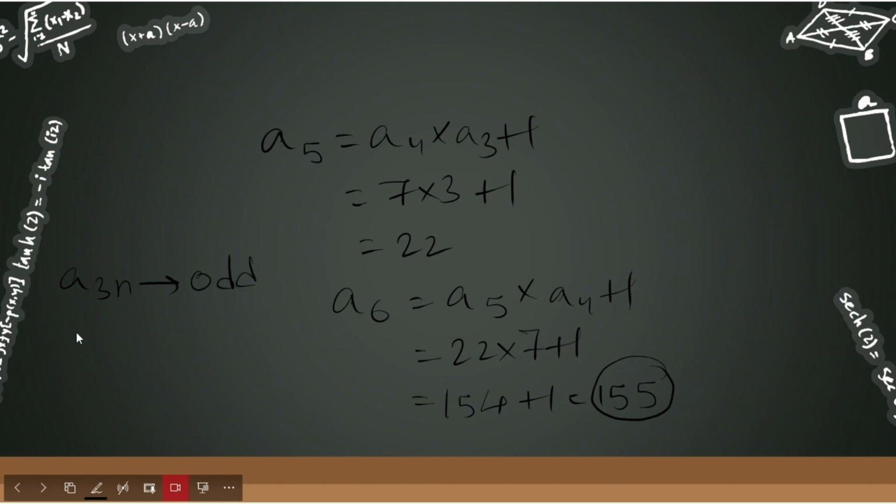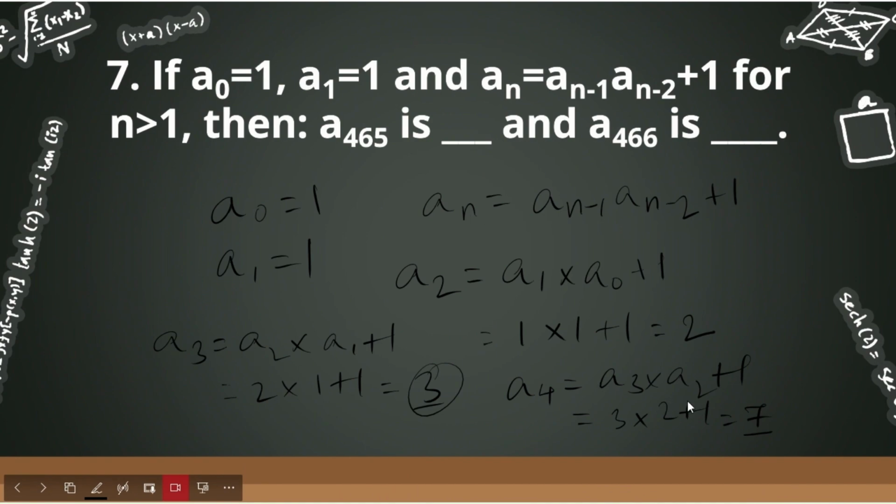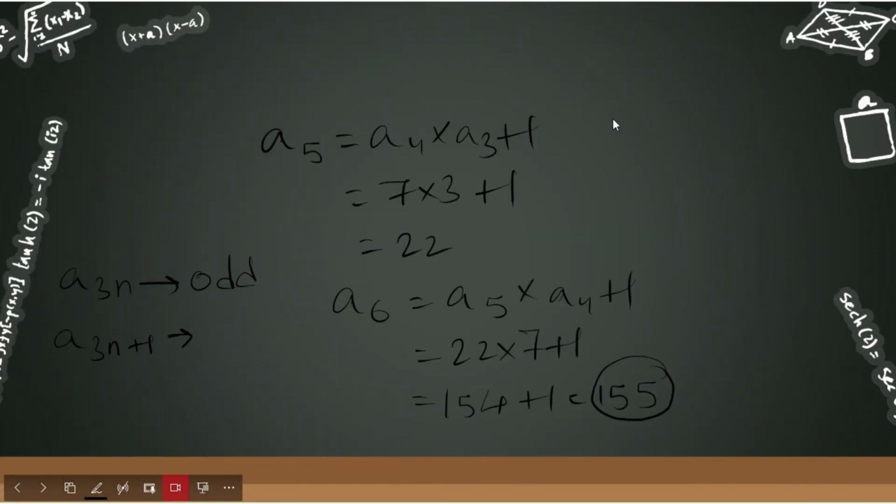Similarly, a3n plus 1. What type of numbers are these, odd or even? a3n plus 1 means a4, a7, like these numbers. What was a4? a4 was 7, which is again an odd number. What was a7? We did not find out.